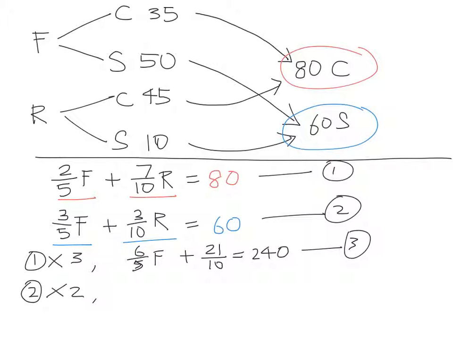And then 3/5 of Frederick from equation 2, when we multiply by 2, we will get 6/5 Frederick also, plus 3/10 of Ryan times 2, we will get 6/10 Ryan. And the 60 we also times 2, that will give us 120. So this is equation 4.